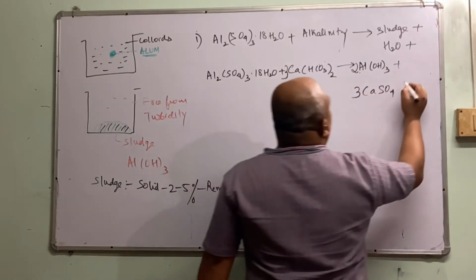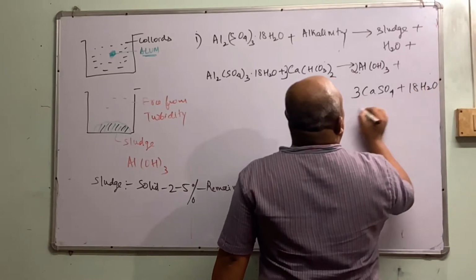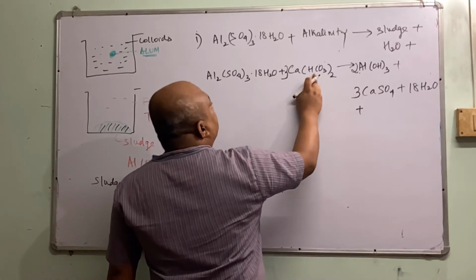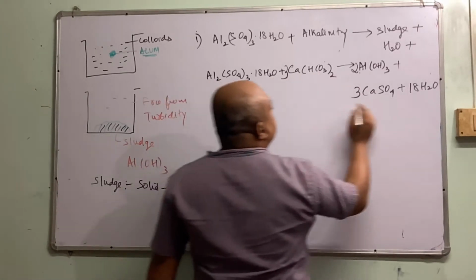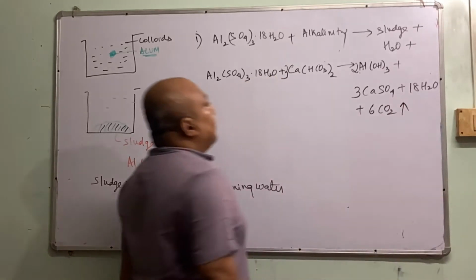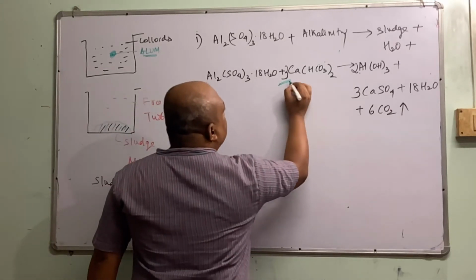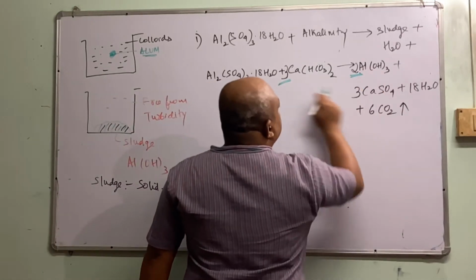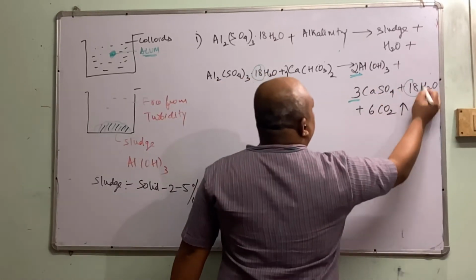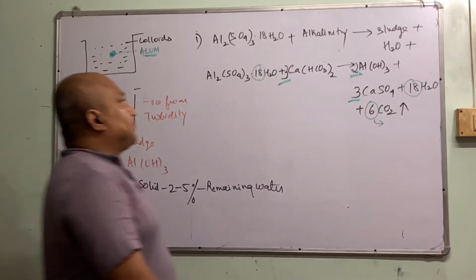Then the water molecules will be released automatically, plus some carbon dioxide. How many carbon? 3 twos are 6, so 6 carbon dioxide will be released. Please see this equation here. This 3 is there, 2 is there, the 18 molecules will be the same, and plus we have 6 molecules of carbon dioxide.